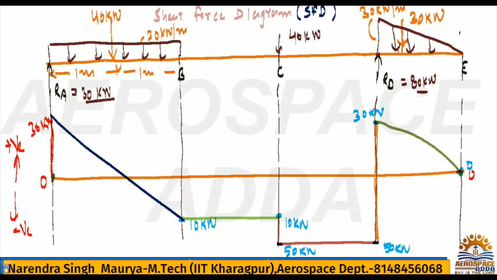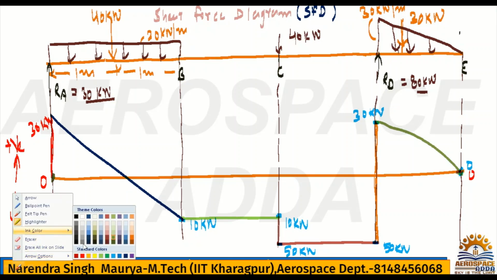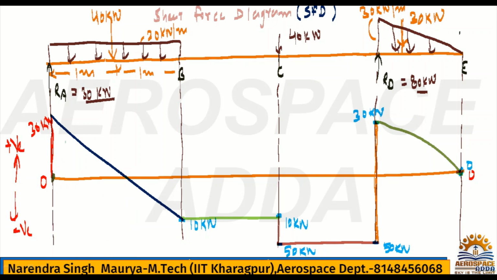Now this shear force diagram is what is drawn here. Now we have to show hash lines here, something like this, to be more clear.